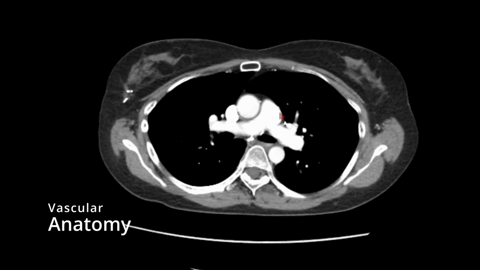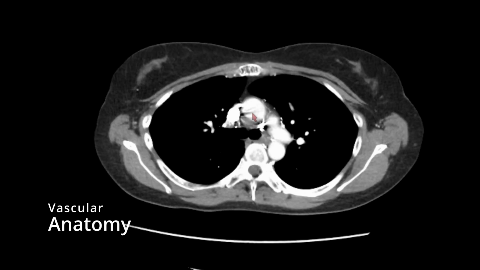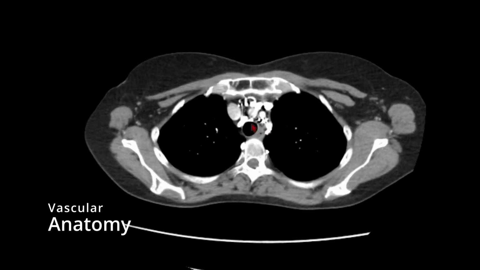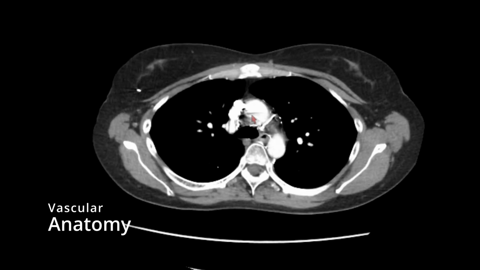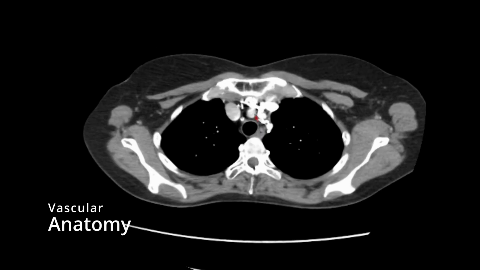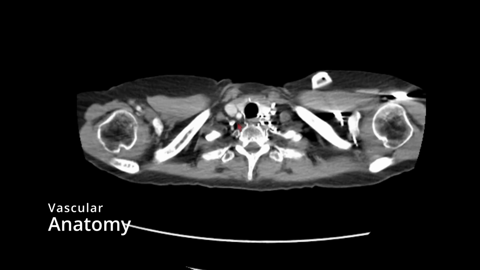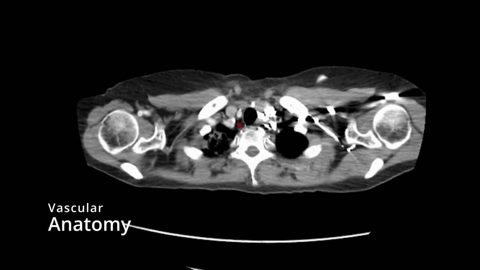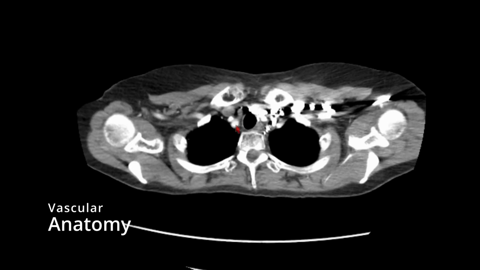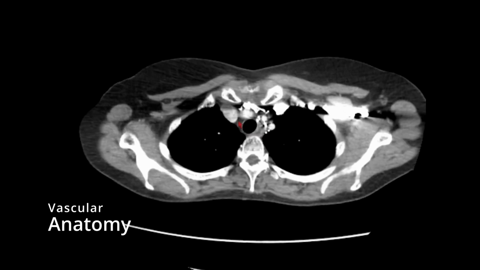Vascular anatomy. Starting the vascular anatomy, the aorta arises here and the ascending aorta arches over and gives off major branches. The first major branch that the aorta gives is the right brachiocephalic trunk, which is right here. And this right brachiocephalic trunk goes on further and divides into the right common carotid artery, which goes up here, and the right subclavian artery, which courses laterally into the right upper extremity.